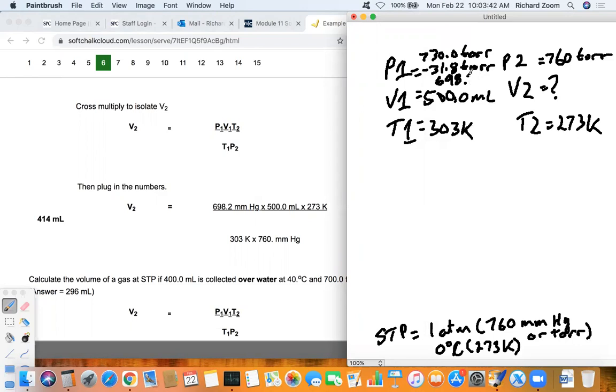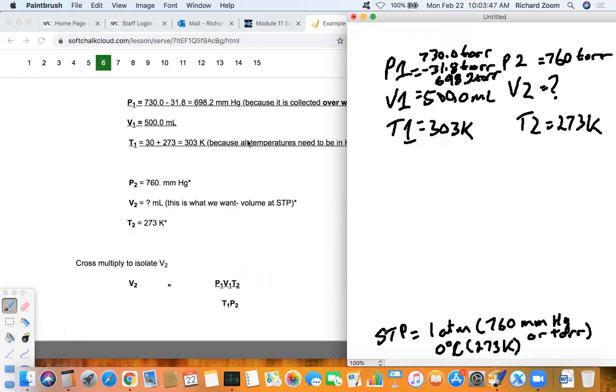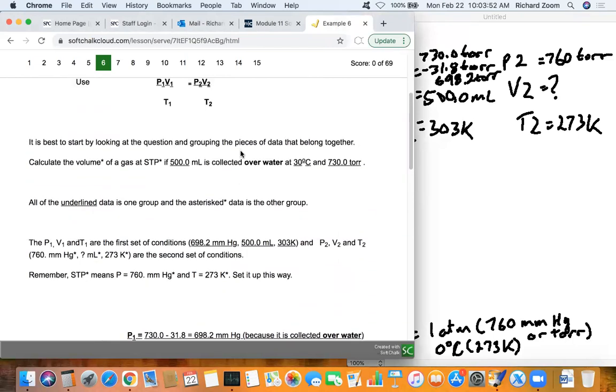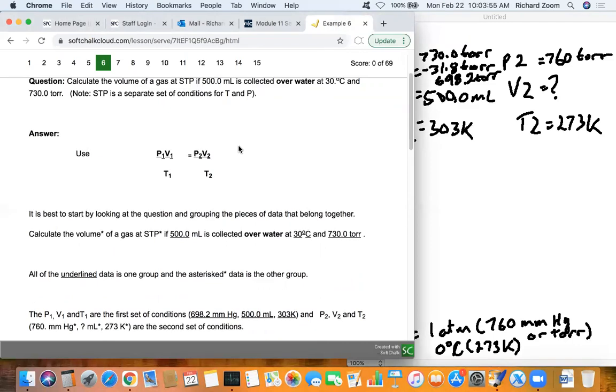So the fact that the question starts with something like calculate at STP, is that automatic that we're looking for the second part, like P2, V2, T2? Out of consistency, I always like to put what I'm looking for as 2. But I don't have to, Sarah. I could, if I had wanted to, have made what I was looking for 1. But I just like to make it 2, so that everything's consistent.